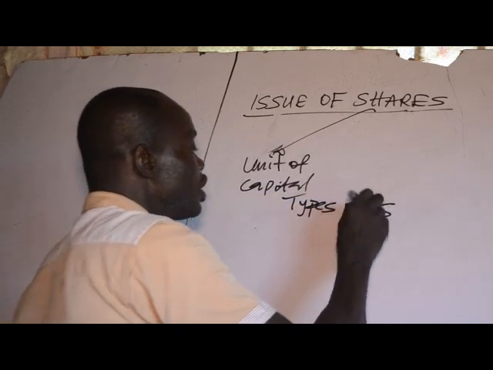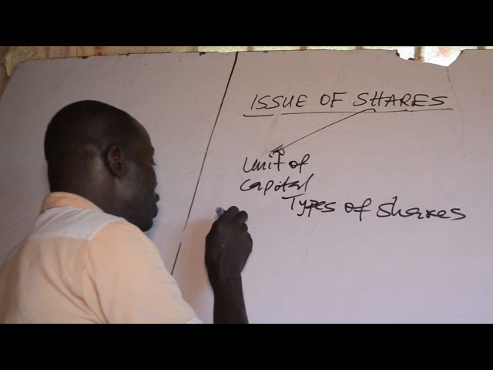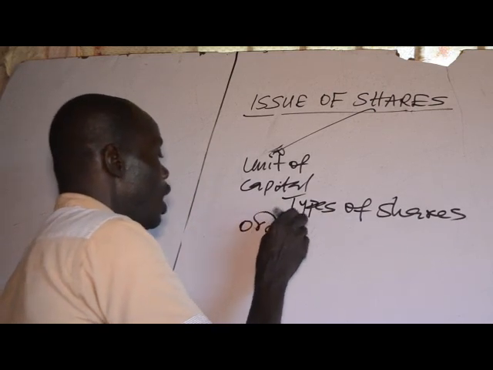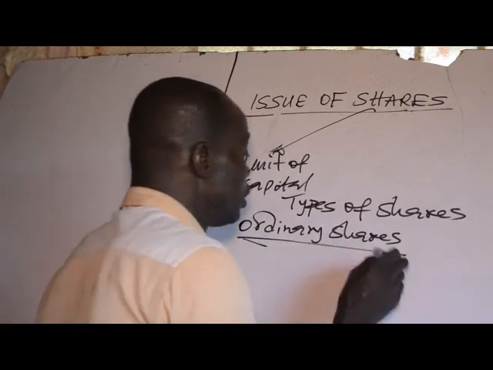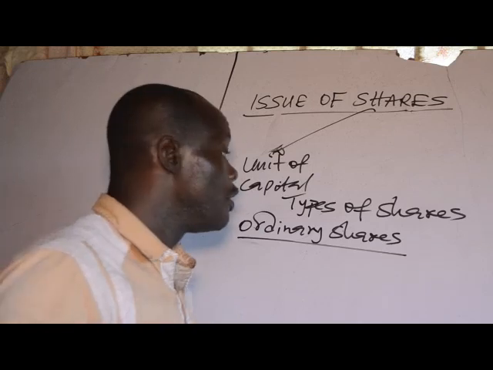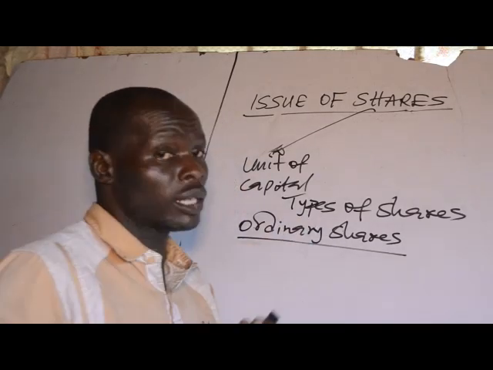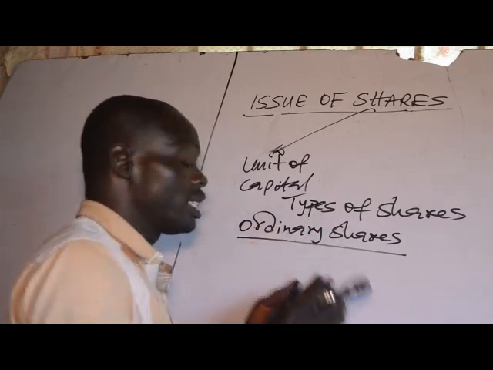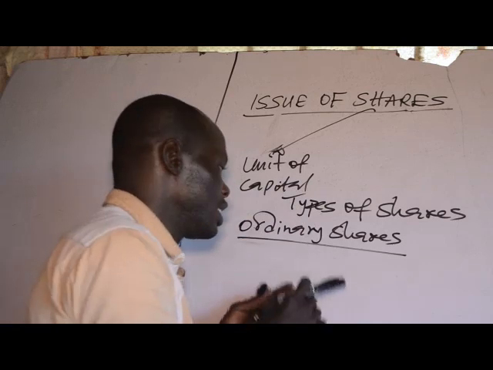Types of shares. We have ordinary shares. The holders of this type of shares are entitled to a variable rate of returns. Their rate of returns is not fixed, unlike the preference shares that attract a fixed rate of returns or dividends.